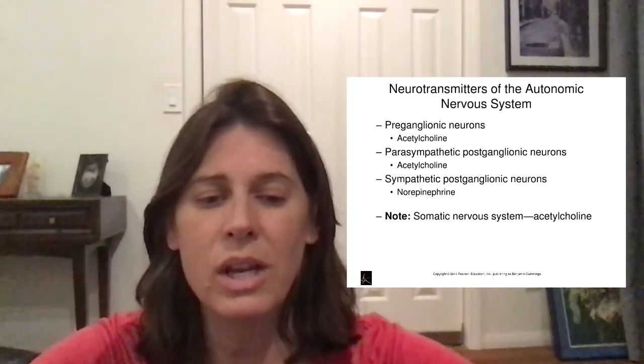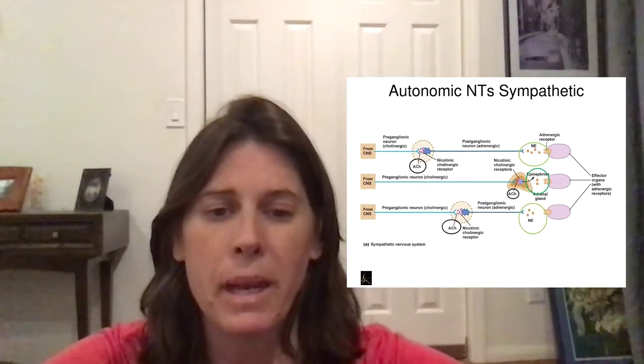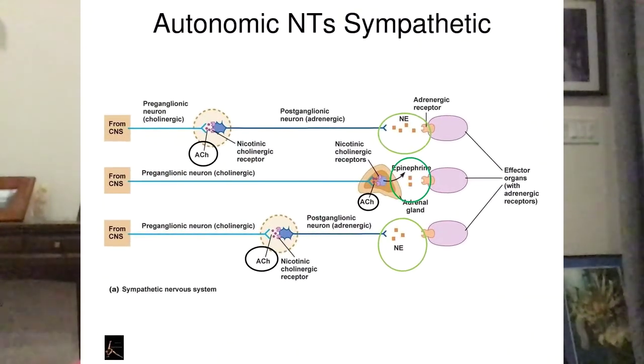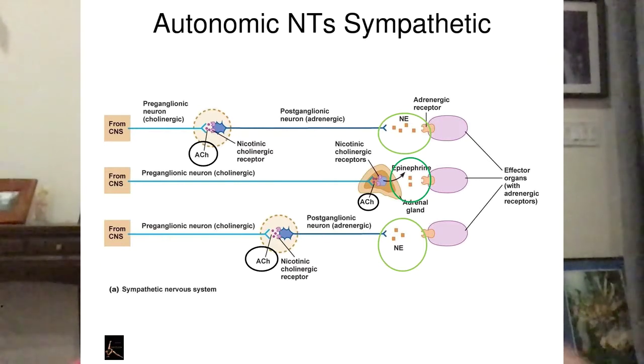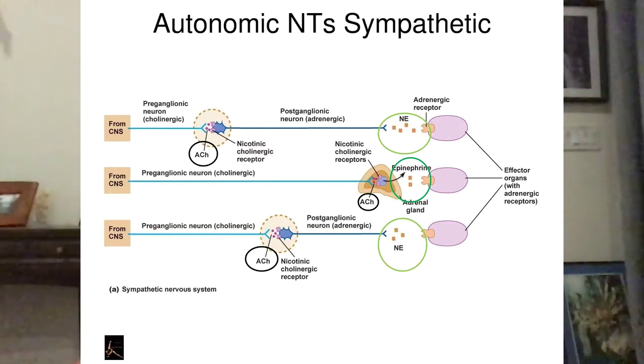Okay, so let me show you a nice picture here, since some of you are more visual, so maybe this will help you. So you can see what we've got here is the different responses or different stimulation in the different systems. So at the top there, we've got all the preganglionic neurons that you see.